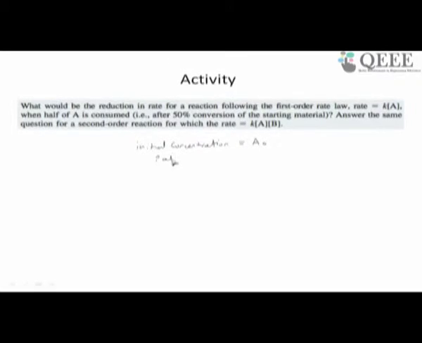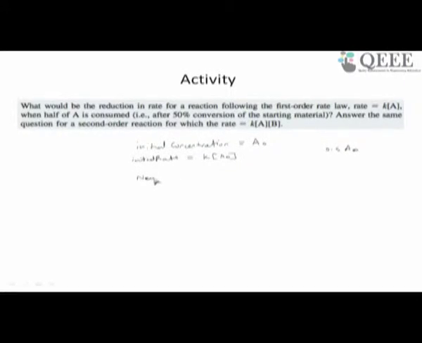Then the initial rate will be k into A0. So the question is, what is the rate after 50% of the starting material is consumed? If the initial concentration is A0, after 50% is consumed, that means A0 by 2, otherwise 0.5 A0, is the concentration of the starting material remaining.